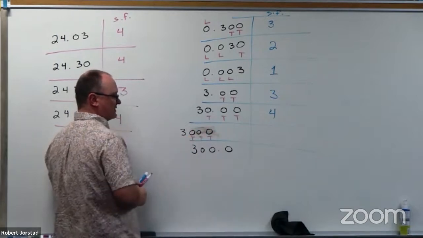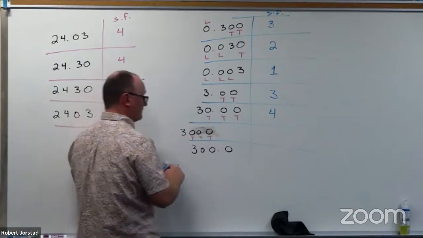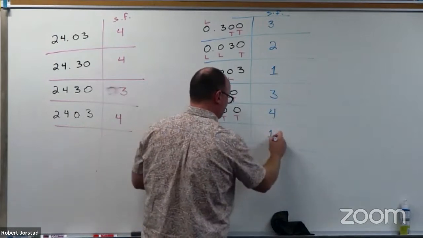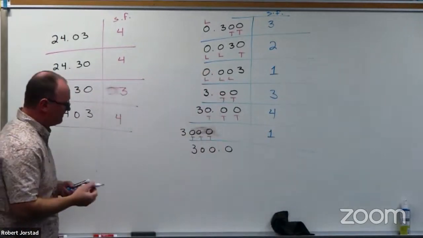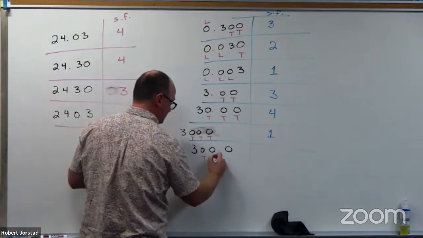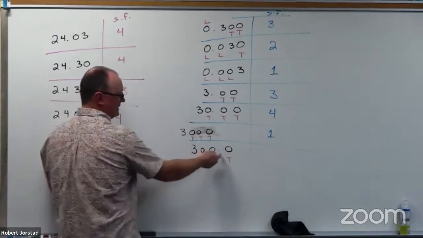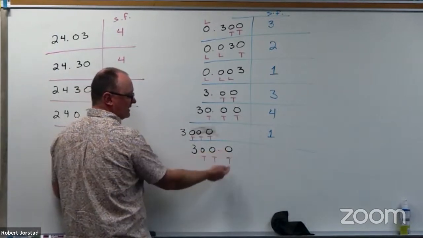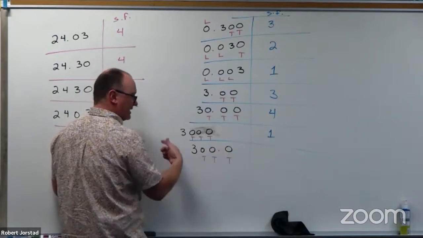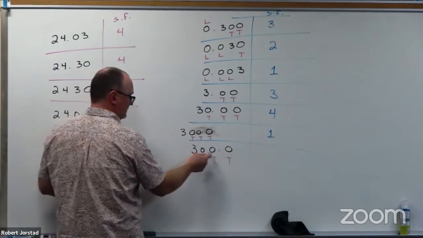None of these trailers are significant, therefore there's only one sig fig. Finally, this one. Trailing, trailing, trailing. Because this one is to the right of the decimal, this trailing 0 becomes significant. Everything is significant then. 1, 2, 3, 4.